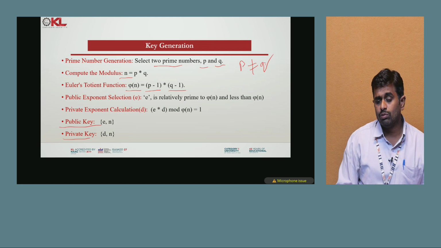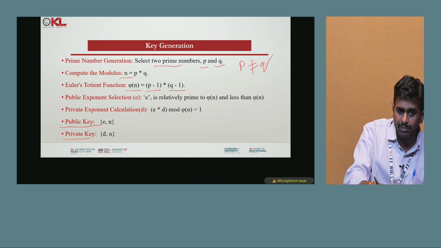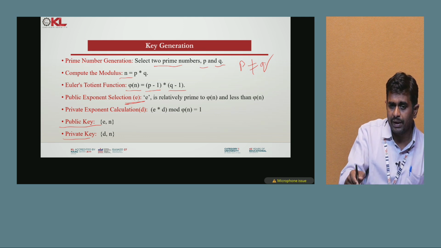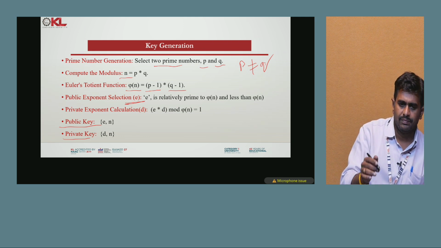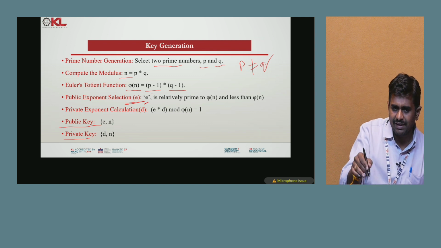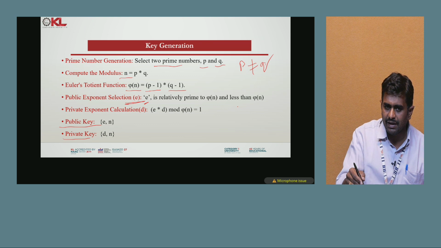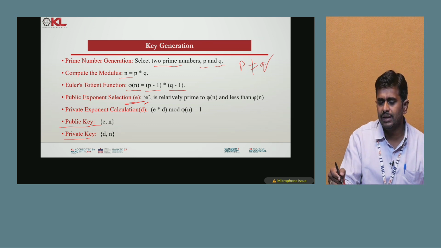Now we need to find two more values. One is the public exponent selection value, the e value. e is relatively prime to phi(n) and less than phi(n). You need to select this e value based on the formula that the GCD of e comma phi(n) should be equal to 1.